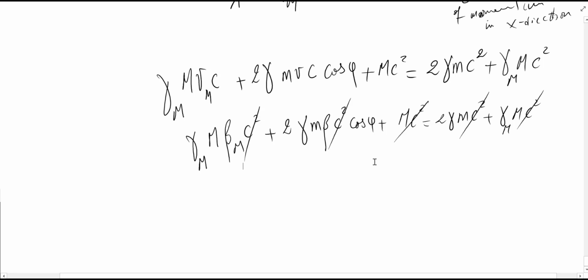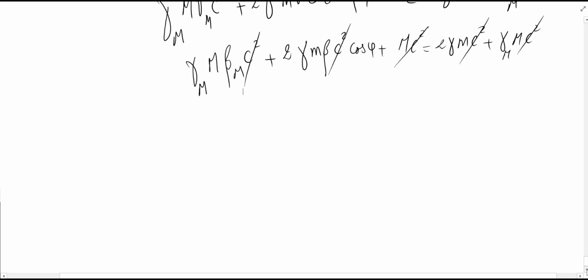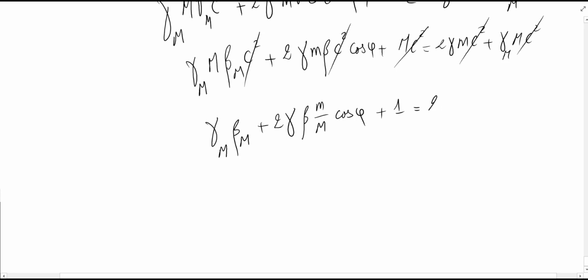The speed of light could have been 1 for all we care from this expression. I have to group terms here because they want it specifically in the ratio of m over M, so I'm going to divide by big M. What I'm left with is gamma m times beta m plus 2 gamma beta m over M cosine of phi plus 1 is equal to, because they're divided by big M, 2 gamma m over M plus gamma m.